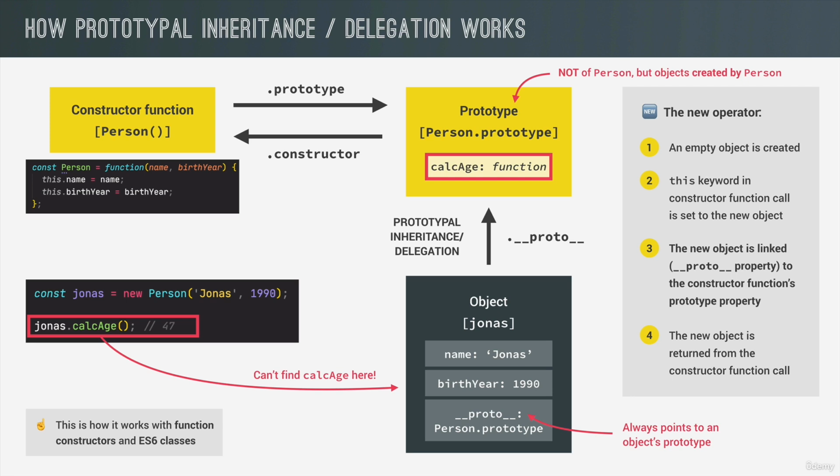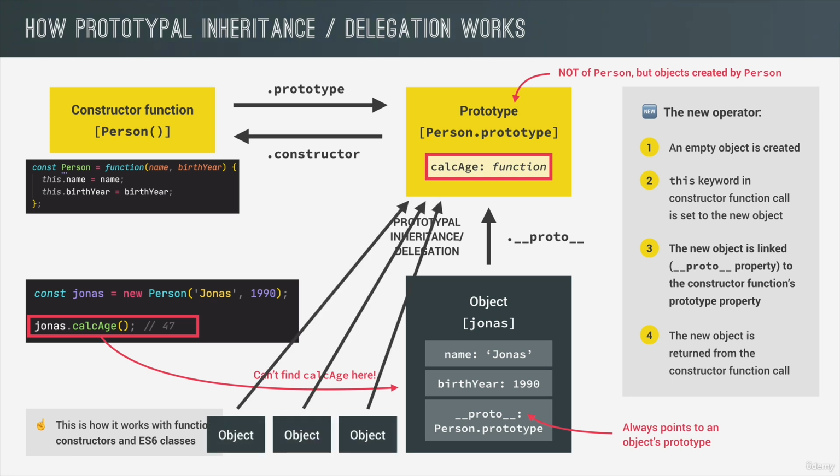Now the beauty of this is that we can create as many Person objects as we like, and all of them will then inherit this method. So we can call this calcH method on all the Person objects without the method being directly attached to all the objects themselves. And this is essential for code performance.